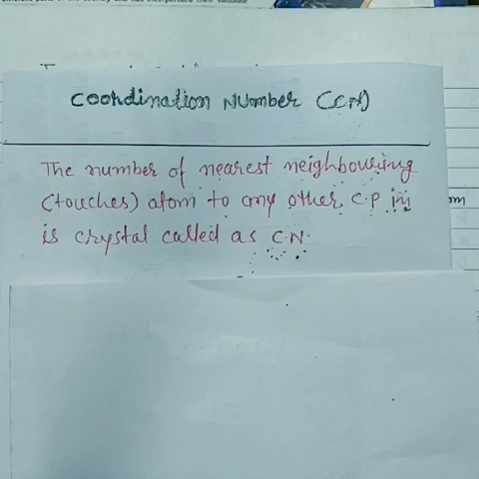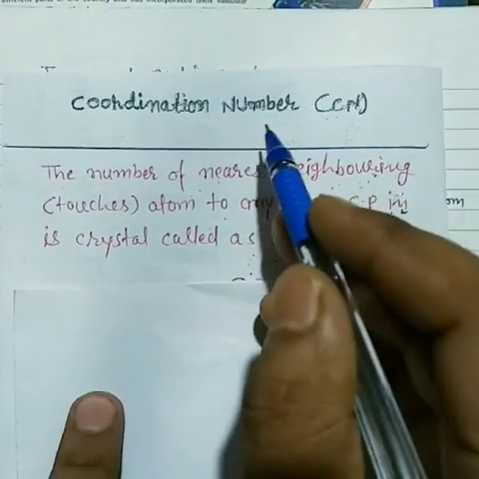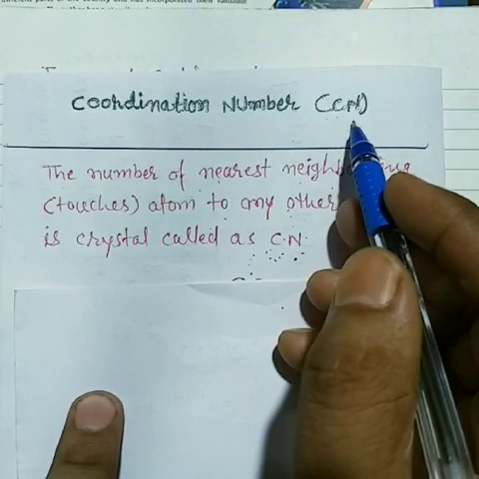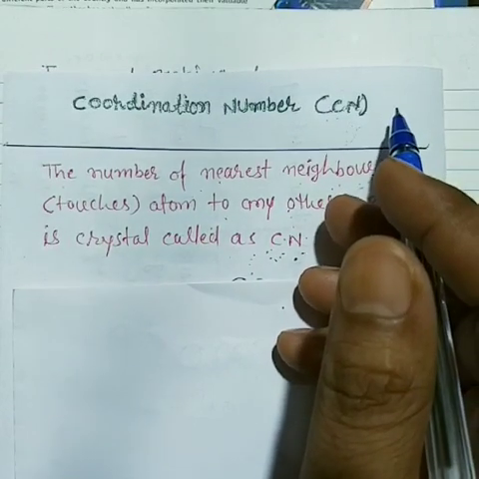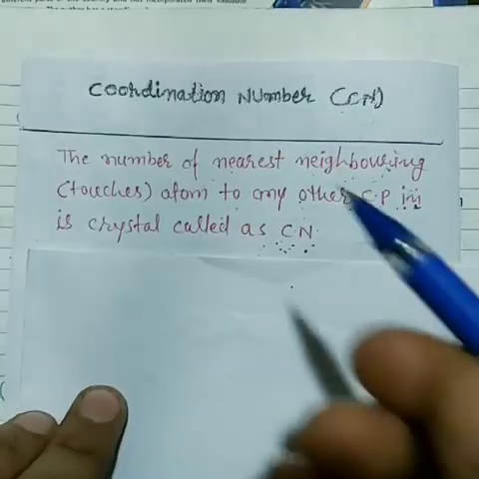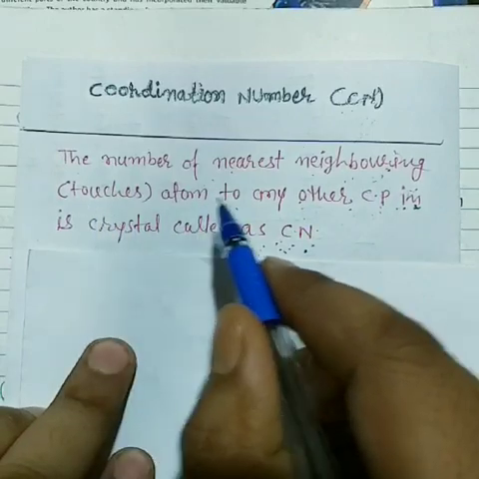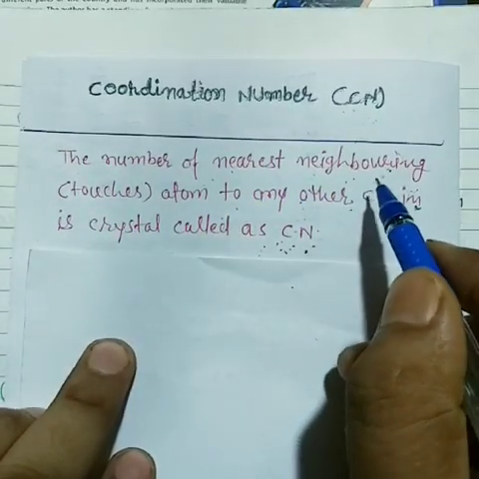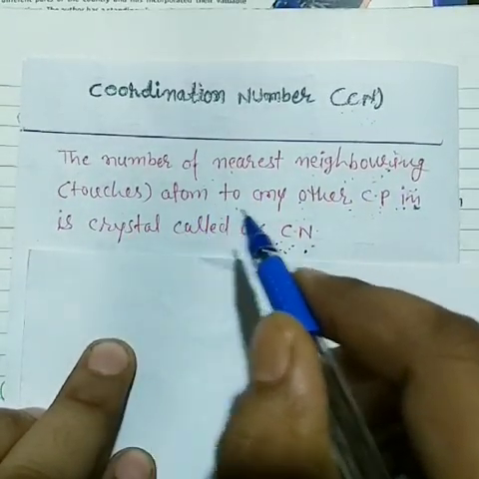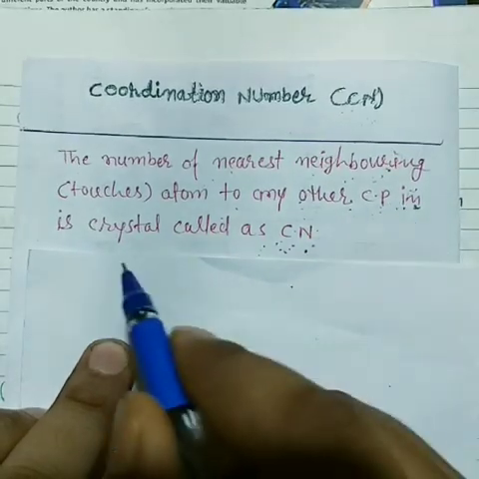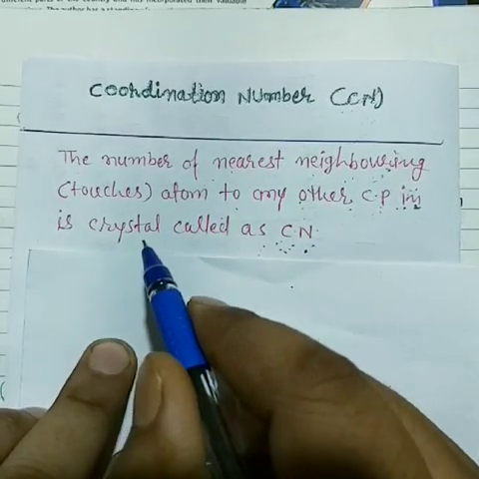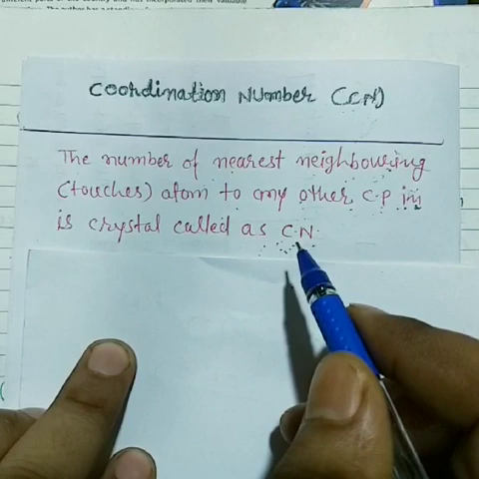So let's begin the topic, coordination number. It is represented by CN, that's the abbreviated form. Now the definition: the number of nearest neighboring atoms or touching atoms to any constituent particle in a crystal is called the coordination number.